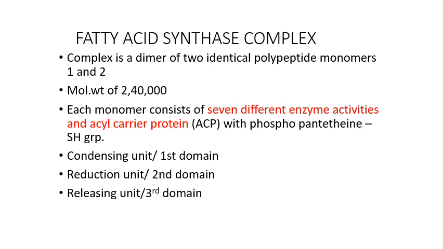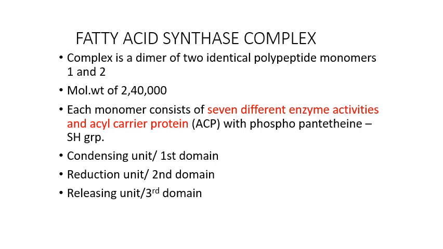So our question is, what is this fatty acid synthase complex? In detail, this fatty acid synthase complex is a dimer of two identical polypeptide monomers, 1 and 2. The molecular weight of this fatty acid synthase complex is 240,000.